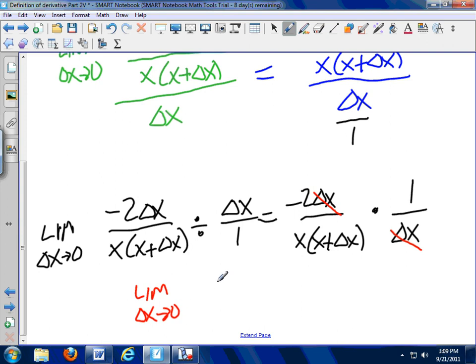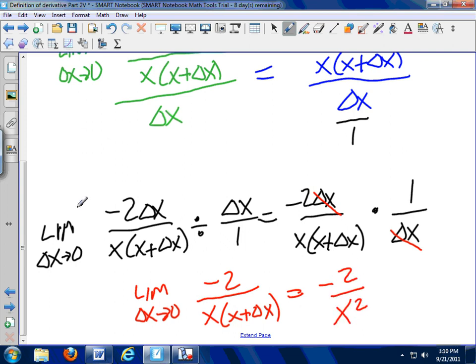Delta x goes to 0, so I'm left with negative 2 over x times x plus delta x. And when delta x goes to 0, this whole thing is worth just x. The bottom is x times x, which is x squared. So I'm left with negative 2 over x squared.